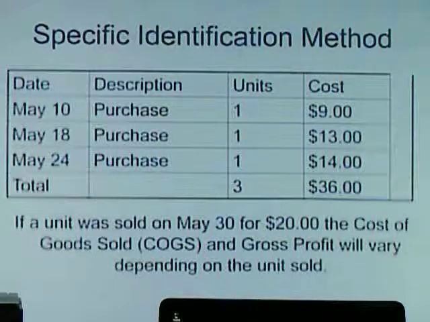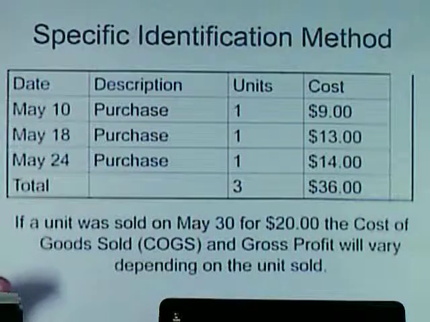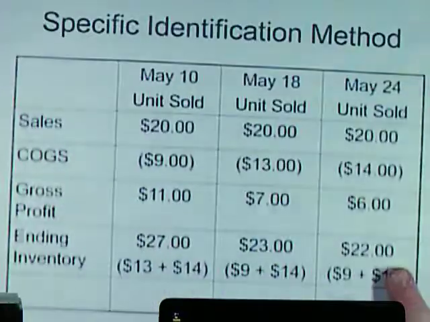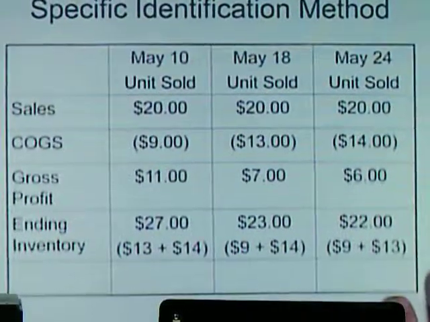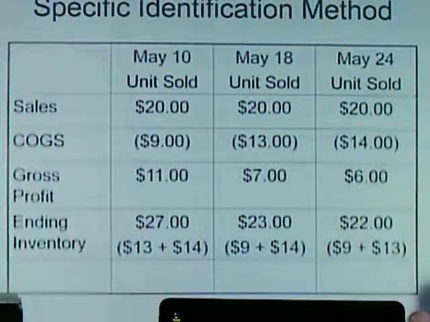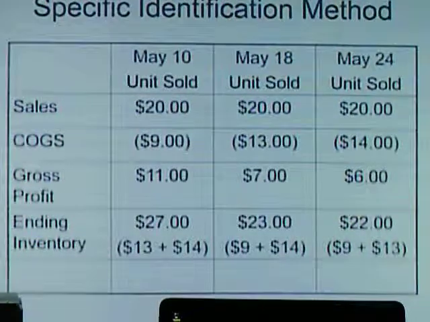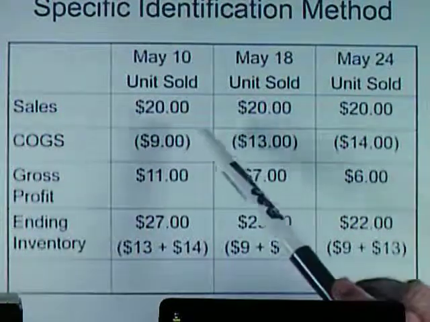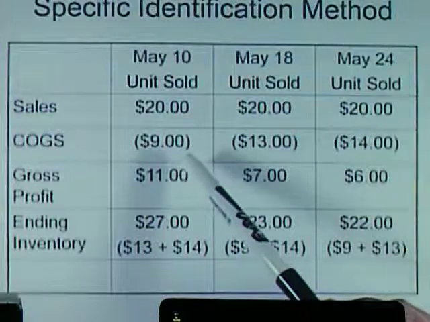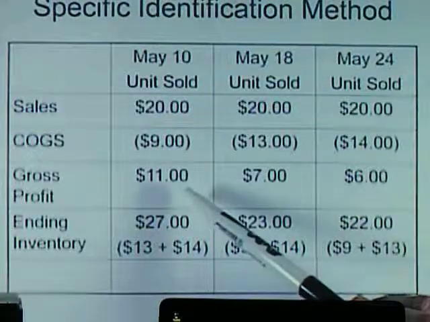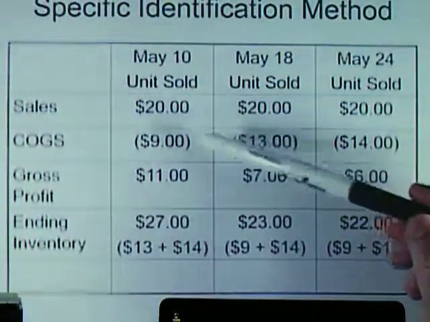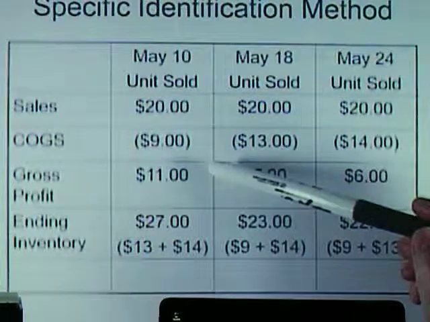So let's take a quick glance at that method and the cost of goods sold, or cost of merchandise sold, however you want to look at this. Okay, so if on May 10th we sold an item for $20 and the cost of goods sold was $9, then we're going to have a gross profit of $11. This is very much like what we just learned in Chapter 6.